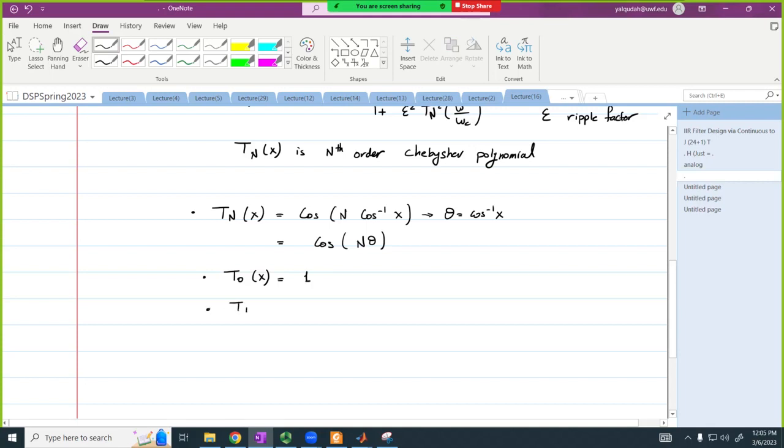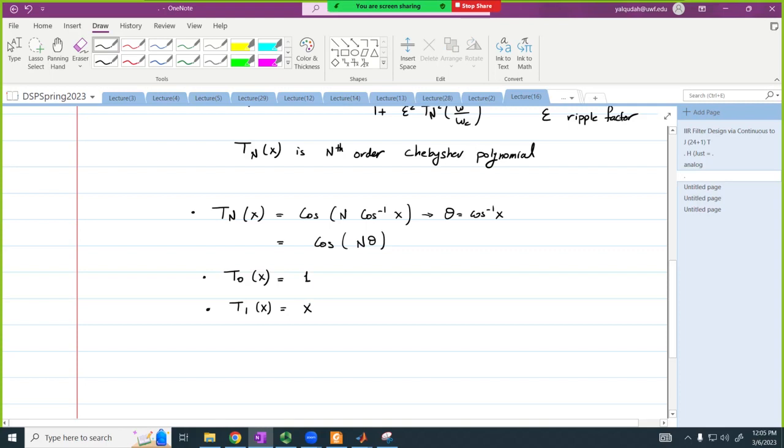I can generate T1 of x. What is T1 of x? Cosine theta, which is equal to what? X. Cosine of theta is equal to x. So therefore, T1 of x is just going to equal x.